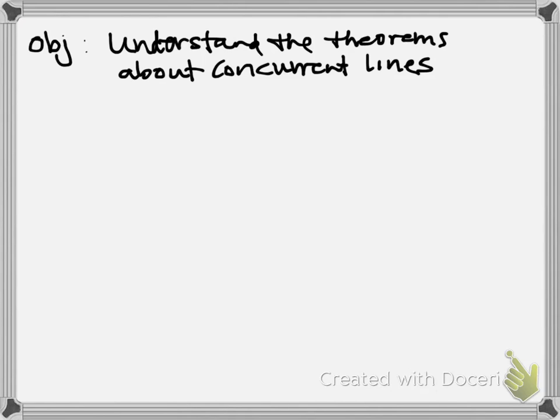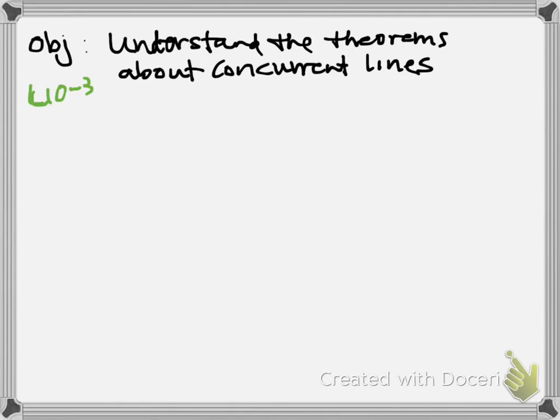So this actually comes from lesson 10.3 in the book. Now remember, chapter 10 was all about the constructions. So that means at this point, we're done with constructions too, because we've done them all throughout the year.